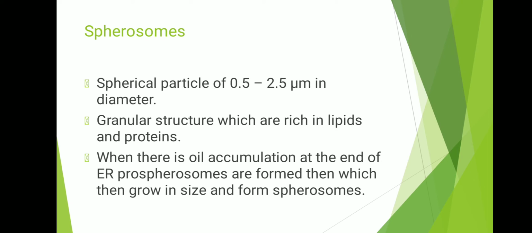When plants need energy, lipids come out from there, and when the plant has excess lipids, they get stored in it, meaning it accumulates and also releases. Accumulation and mobilization of reserve lipids. And they are also involved in the digestion of cytoplasmic components by the phagocytosis process.